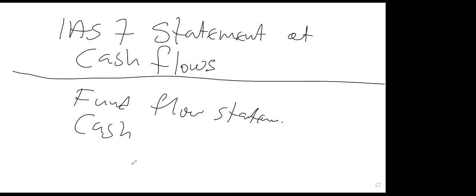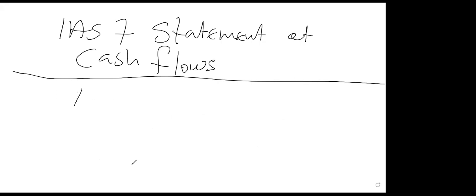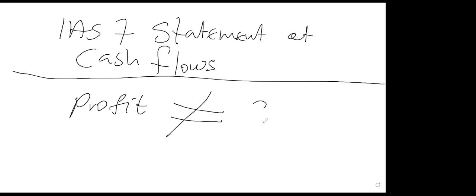So the main reason for this standard is this. Basically, profit is not equal to cash, due to the accounting model that we use, the accrual basis. You can sell items, and your profit could contain a lot of credit sales.